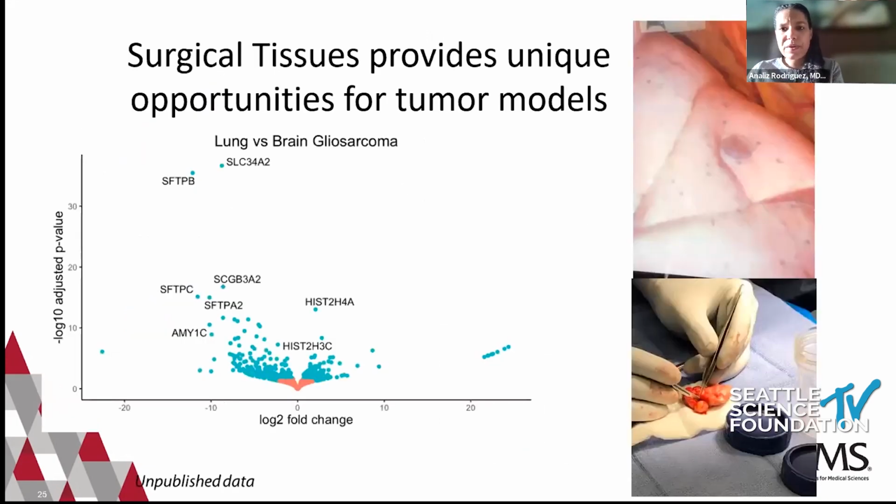The other area that we feel surgeons can have a lot of utility is obtaining surgical tissue in unique situations. This patient had a gliosarcoma, which is a glioblastoma subtype, very aggressive, with confirmed metastasis to the lung.